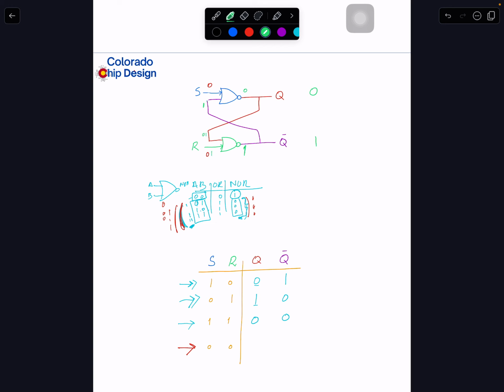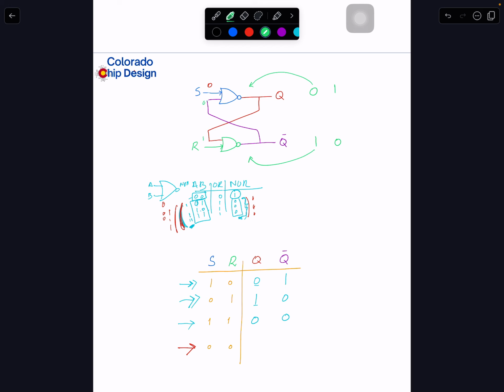All right, so previous state was maintained. Let's say S is 1, R is 0, Q is 1. Okay, let's say this is 1, and this is 0.